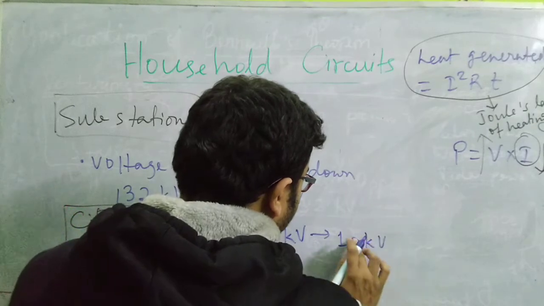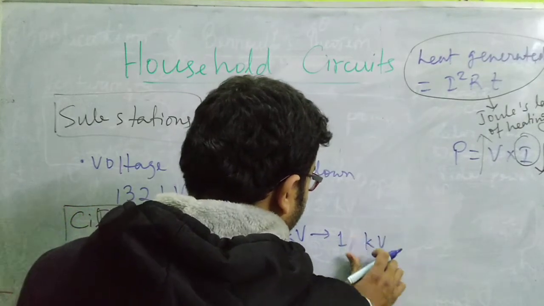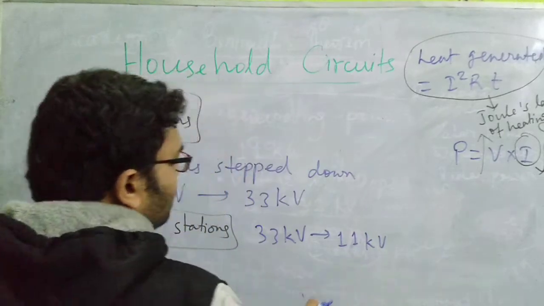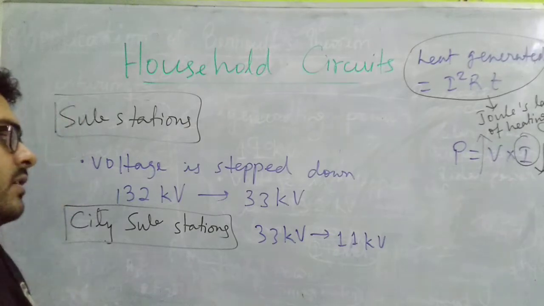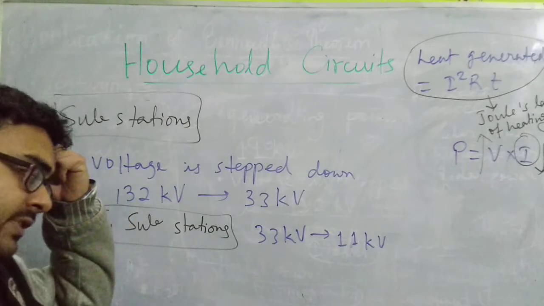Okay, 11 kV, sorry, not 10 kilovolt, 11 kV. So these are some specific values. We will not be discussing why 11 kV and not 10 kV. It is not included in our syllabus, it is rather a topic of higher study. So it is being stepped down to 11 kV.